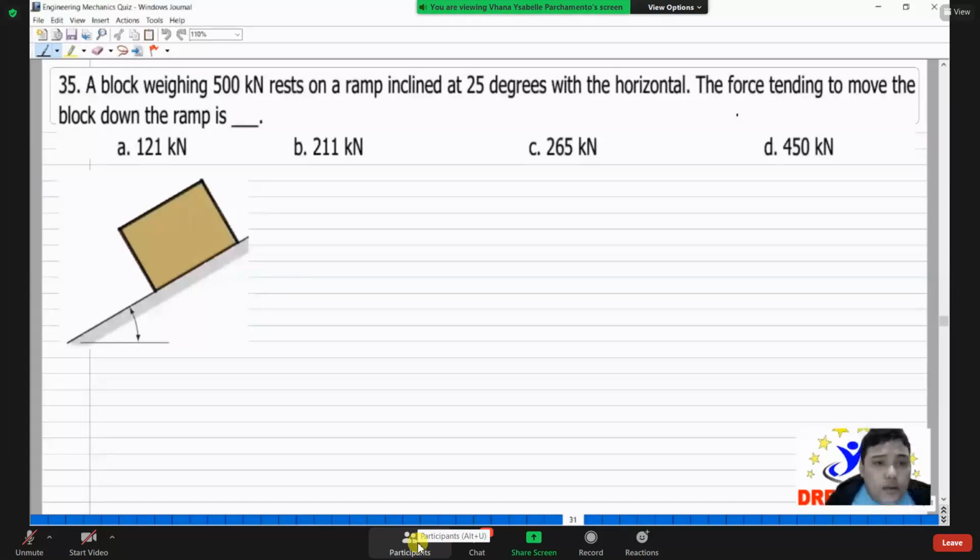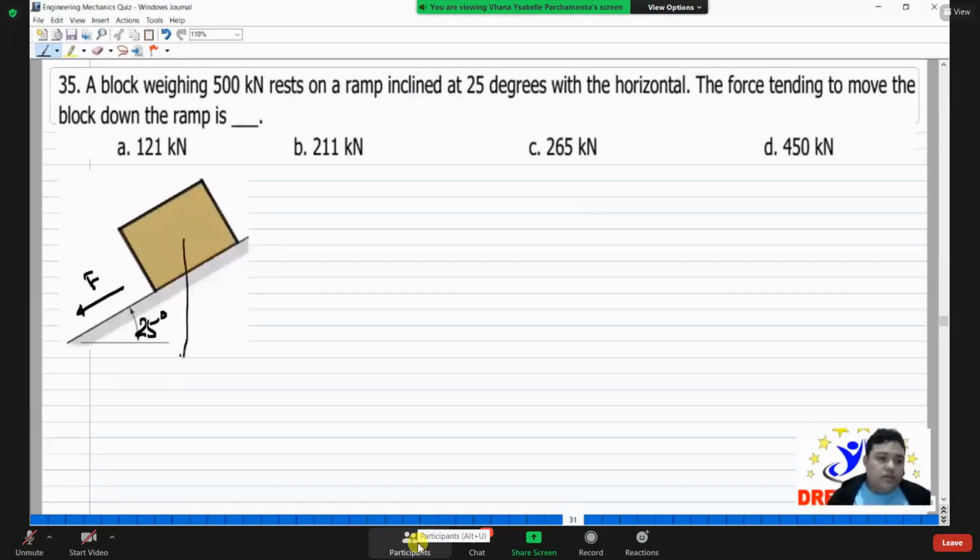A block weighing 500 kilonewtons rests on a drum inclined at 25 degrees with the horizontal. Meron tayo dito 25 degrees na inclined plane. So, with the horizontal, the force tending to move the block down. So, ito yung force na yon. So, ano daw yung force na yun?